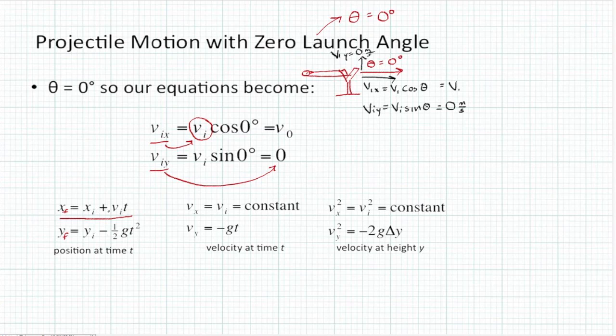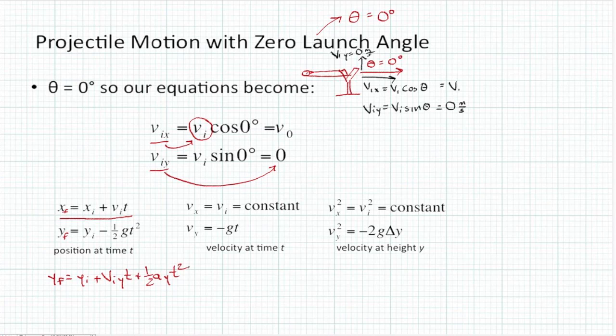Well, what happened to this part right here? Why didn't this that was in there too, right? If you recall that equation, yf equals yi plus initial velocity in the y direction times time plus 1/2 times acceleration in the y direction times time squared.